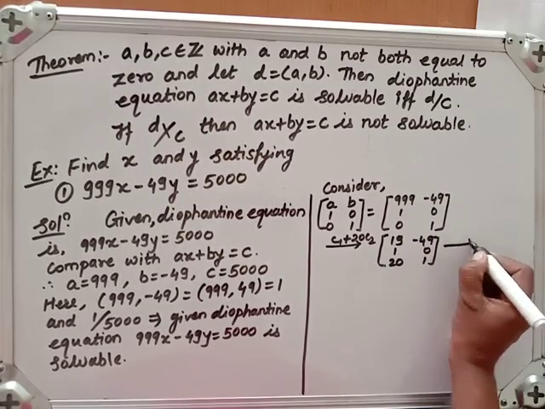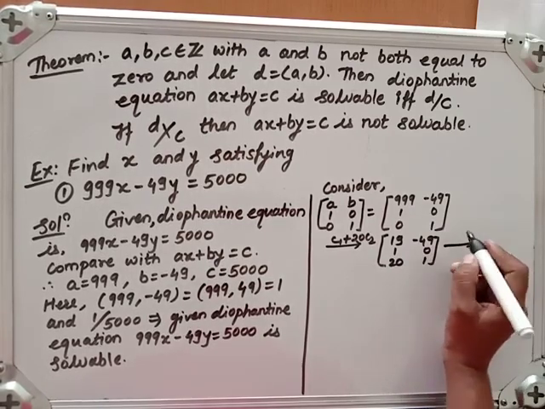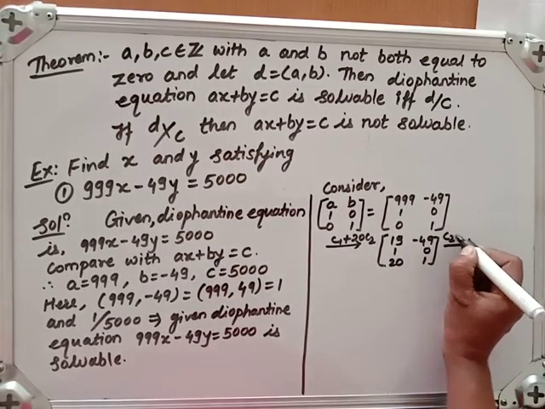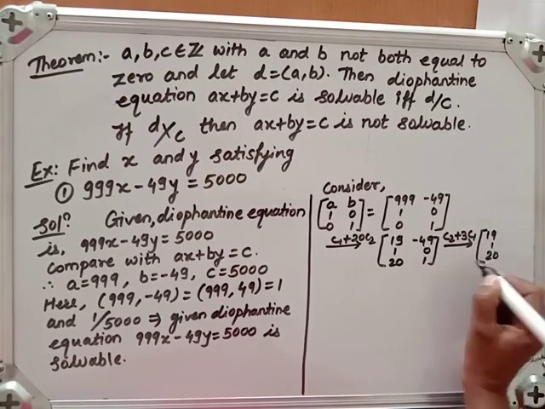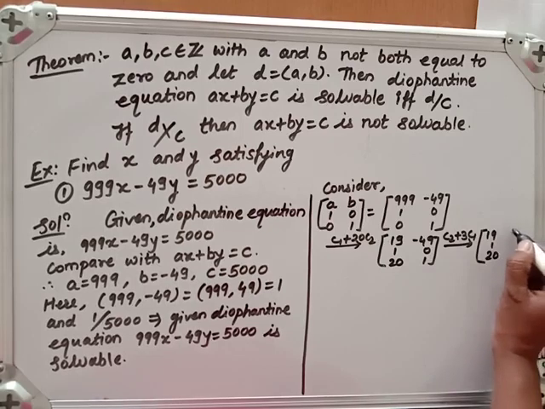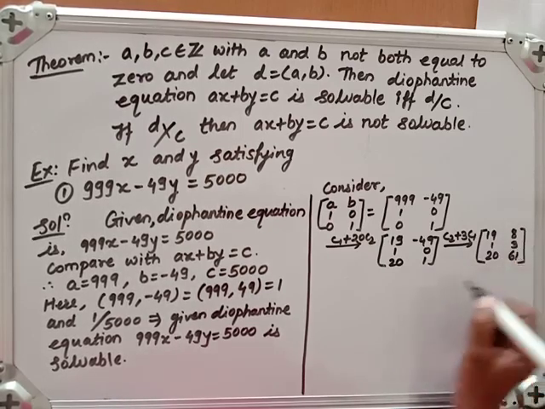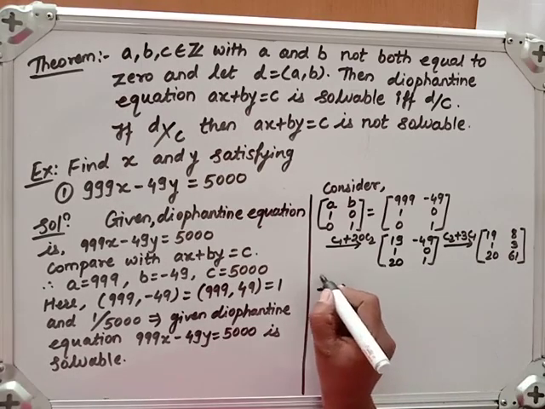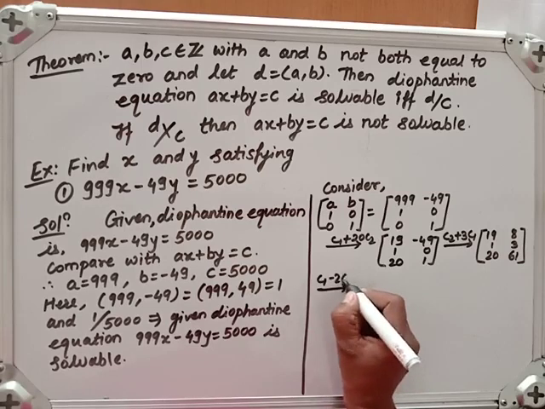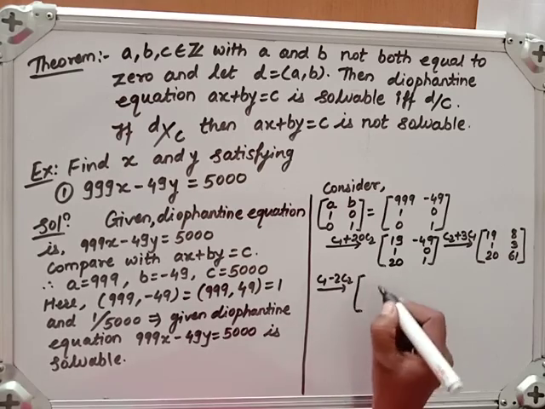Then further let's do again the operation C2 plus 3C1. Then C2 will change, C1 will remain same 19, 1 and 20, C2 will be 8, 3 and 61. Then again next C1 minus 2 C2. So C1 will change.